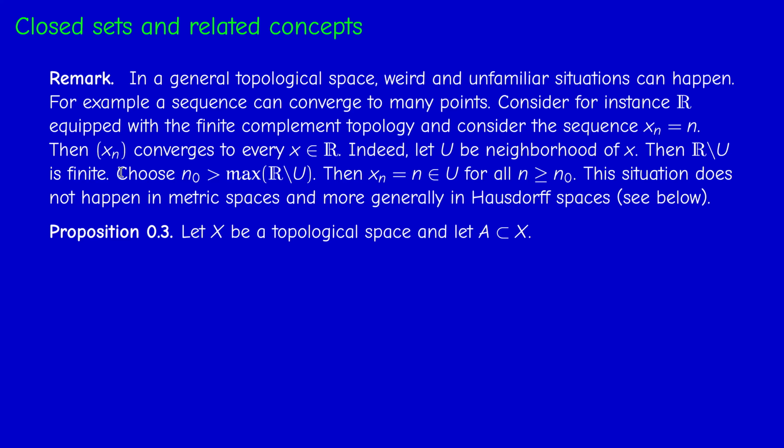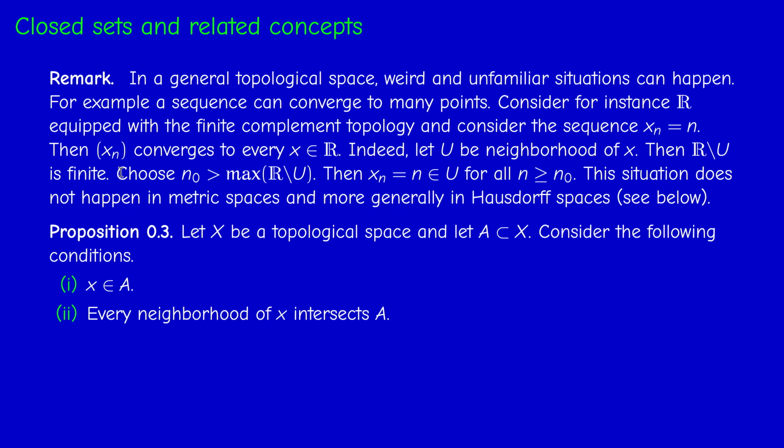Okay, now let us consider this result. Actually, it was proposition 1.8 in the course on metric spaces, if you remember. This is a characterization of the closure of a set. This is actually a bar, not a. Sorry for that. This is a bar.